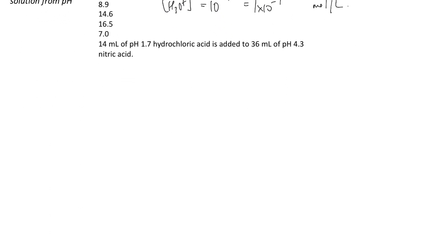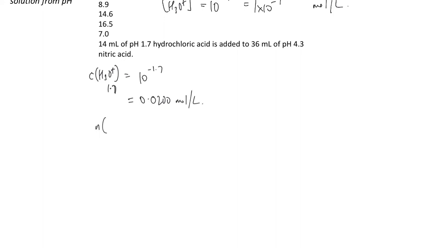Okay, so first of all, we can work out the concentration of hydronium ions in the 1.7, which will be equal to 10 to the power of negative 1.7, which will be equal to 0.0199, or that's just going to be 0.02. Okay, so that's the concentration there in mole per liter.